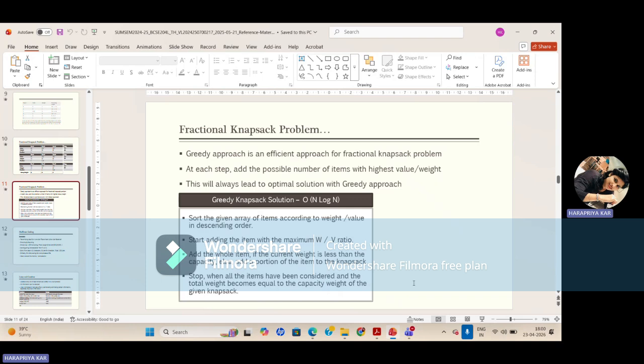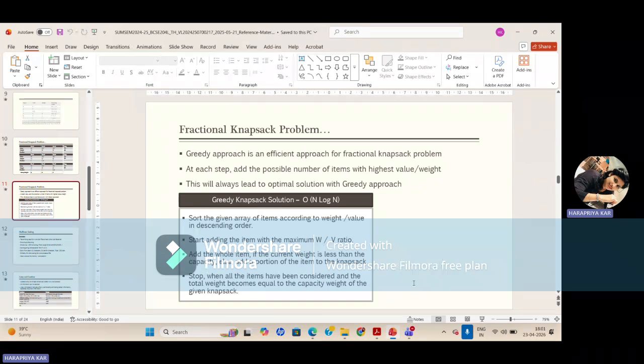First, sort the given array of items according to value or weight ratio in descending order. Start adding the item with the maximum ratio. Next, add the whole item if the current weight is less than the capacity, else add a portion of the item to the knapsack.